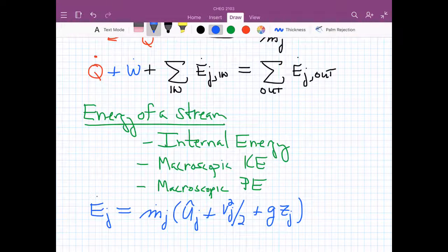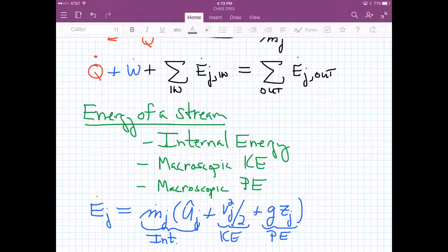So this represents the internal energy. Mass times the velocity squared over 2 is the kinetic energy. So this is internal, this is kinetic, and then m times Gz is my potential energy term. Okay? So we're going to keep that in mind as we continue to develop this.